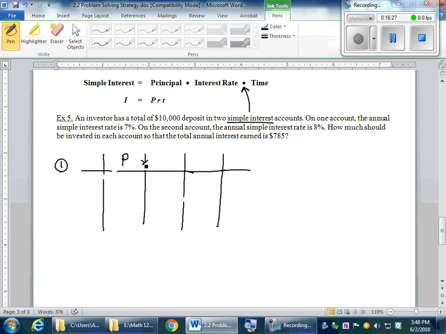Principal, the interest rate, the time, and interest earned. And in this case, we have two accounts. What we don't know is how much we put into each account. That's the principal. How much we invested, we don't know. So I would say that the first account is 7%. We can say that is account 1, and the second account is giving you 8% interest, which is account 2.